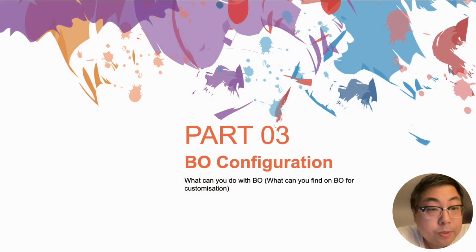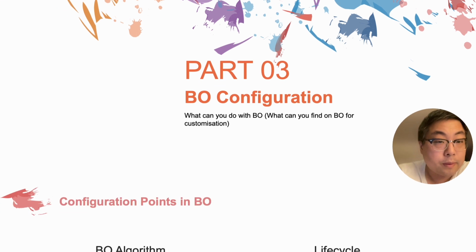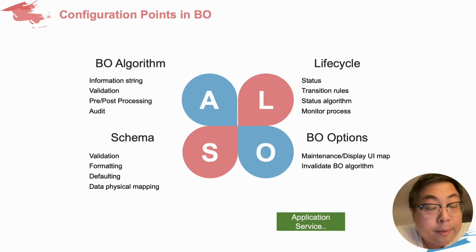Okay, so number 3, we will talk about the business object configuration, what you can do and what you can find on the business object if you are already working with a system in production. Okay, so I have made up a word myself.